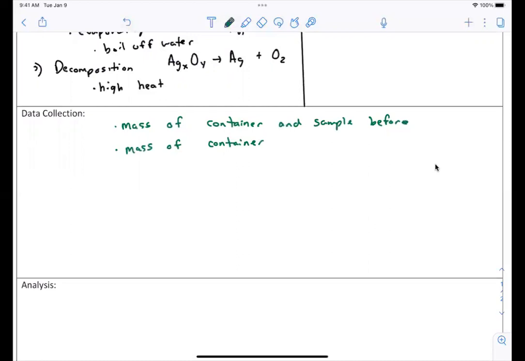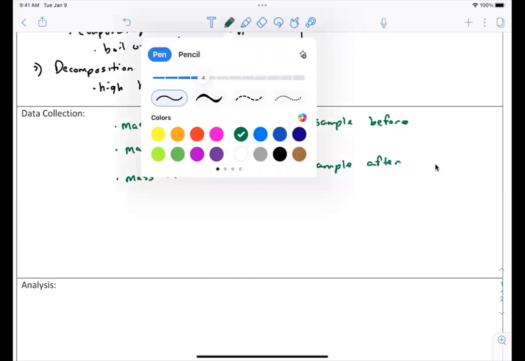So the mass of the container, empty, and then the mass of the container and sample after. So what does this accomplish?